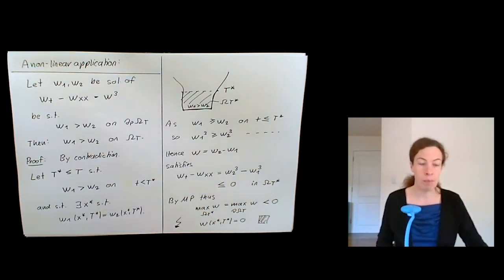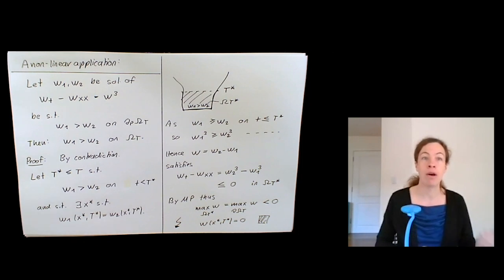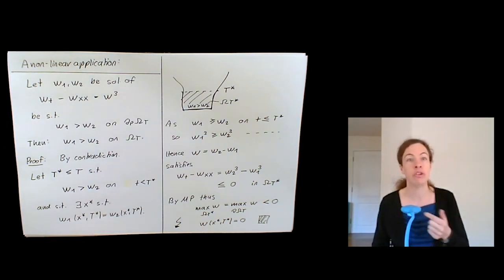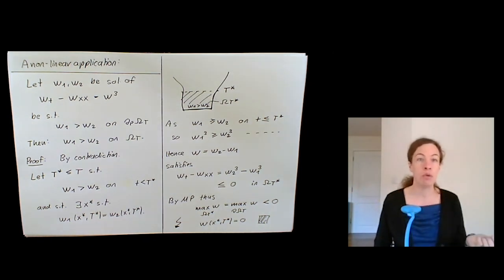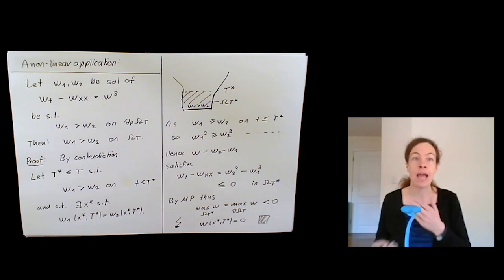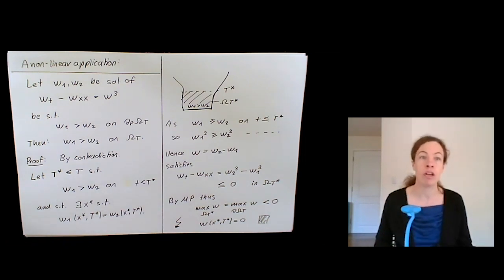So one way of applying this result is to compare a solution, say w1, with a corresponding solution of the ODE w dot equals w to the 3 that you can solve explicitly, and that will give you already some initial information about how the corresponding solution of a parabolic equation has to behave.